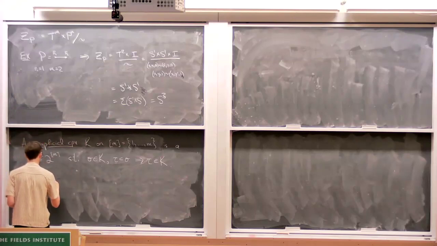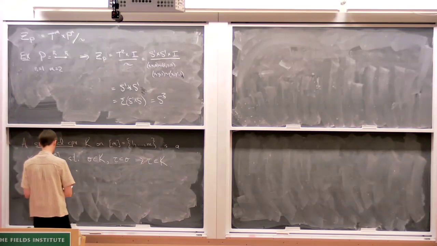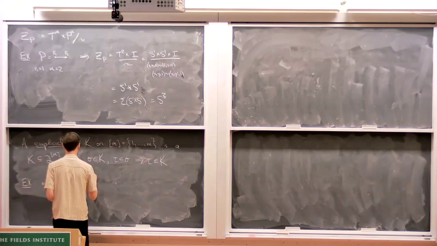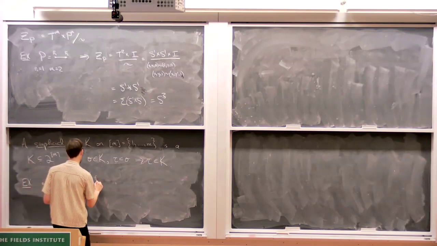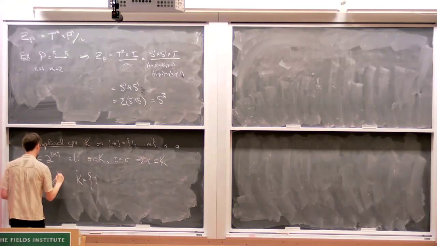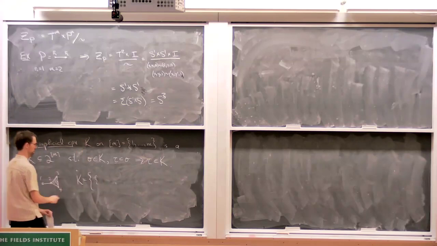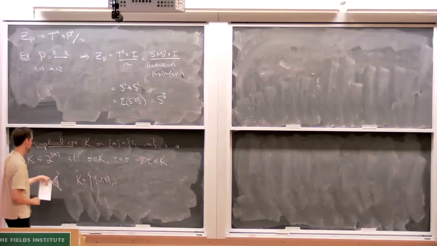So, here's a simplicial complex thought of as a set. This is like a facet. These are vertices 1, 2, 3, 4. And 1, 2, 3 is a maximal face.